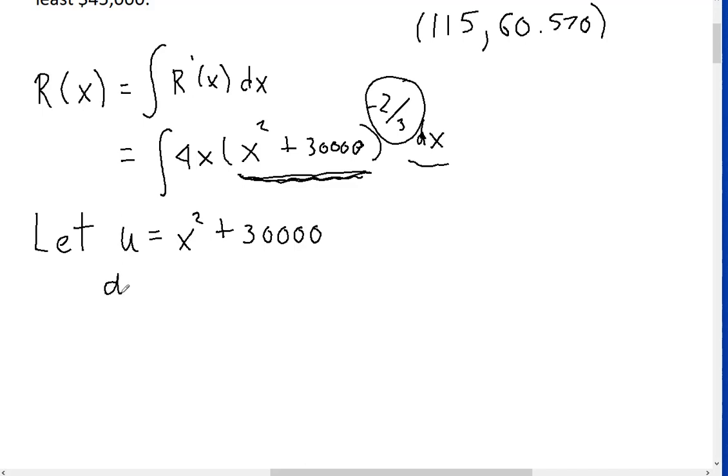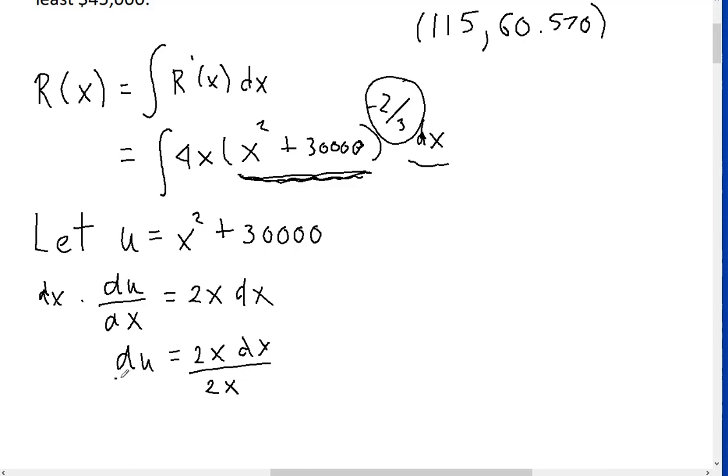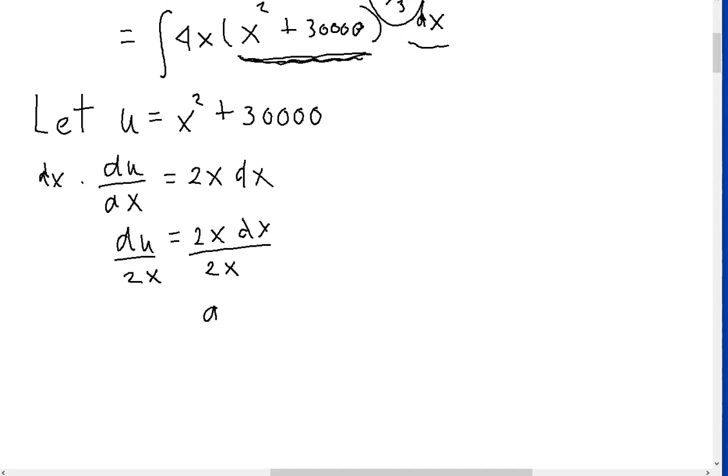That means the derivative of u with respect to x is 2x. If I multiply both sides by dx, I'll end up with du is 2x dx. And then if I want to get that dx by itself, I'll divide both sides by 2x. So I now have an expression that can be substituted for dx: du over 2x.